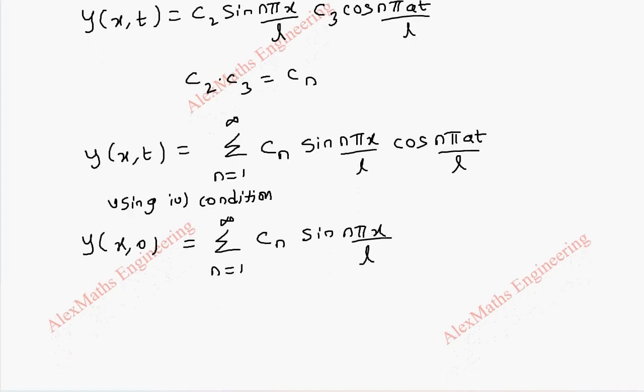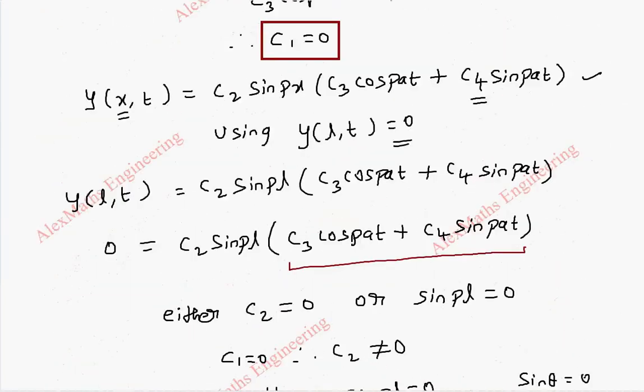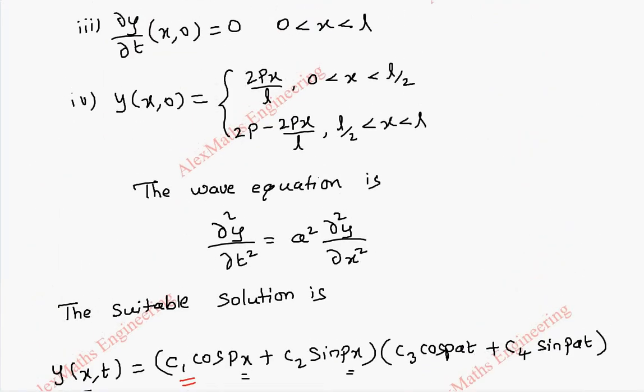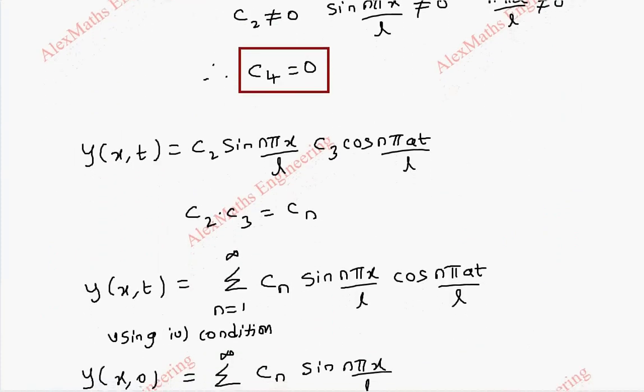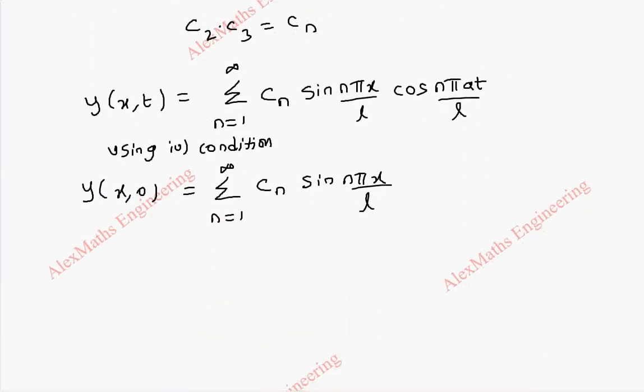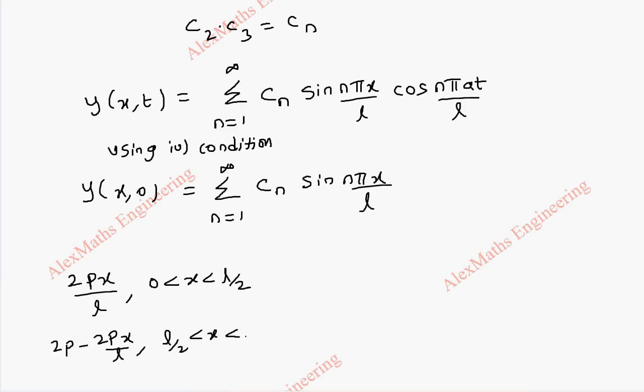So this is what we have, and for y of x comma 0 they gave a function which is 2px by L when 0 less than x less than L by 2, and it is 2p minus 2px by L when L by 2 less than x less than L, and this is y of x comma 0.